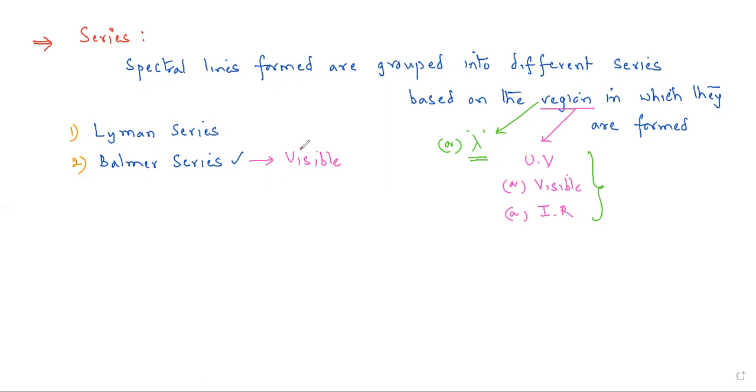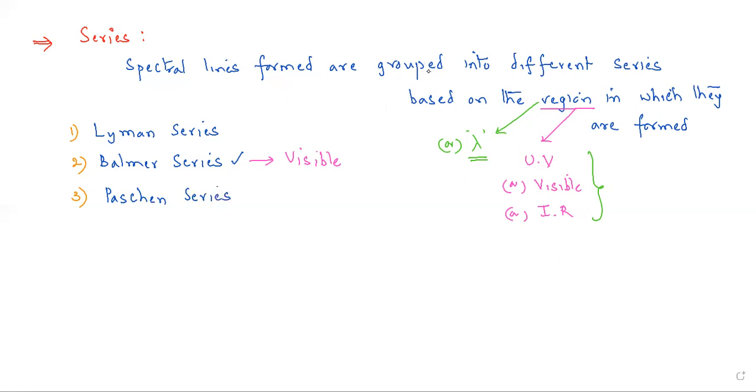Of course, even now, visible can be seen with the naked eye. But the other regions of the electromagnetic radiation cannot be seen with the naked eye. You need special apparatus to see them. Lyman, Balmer, Paschen.